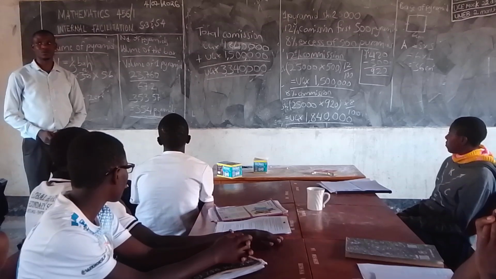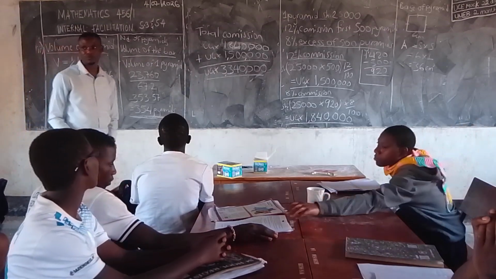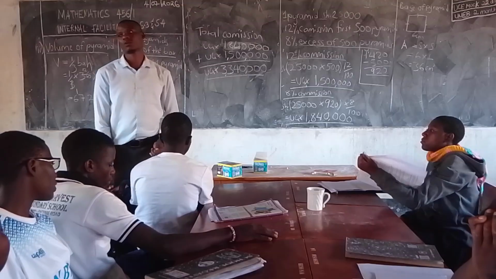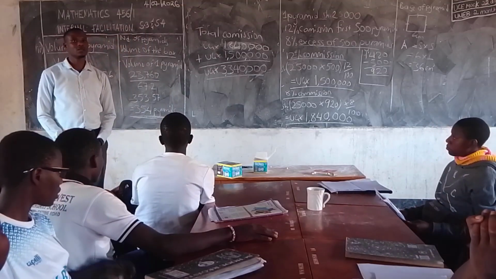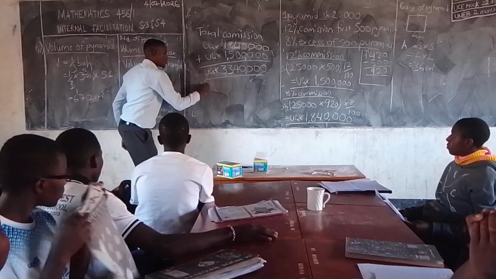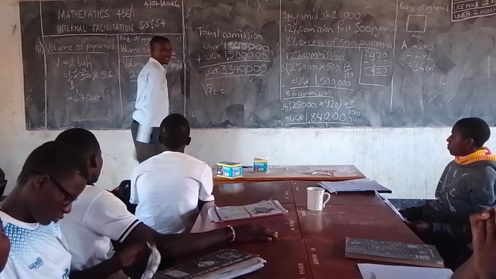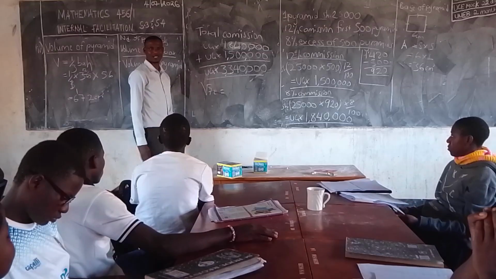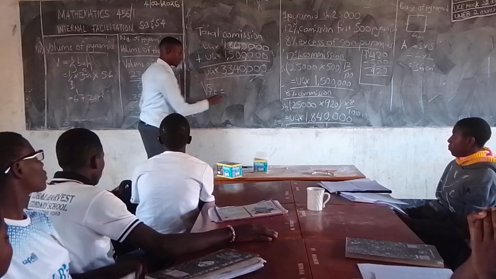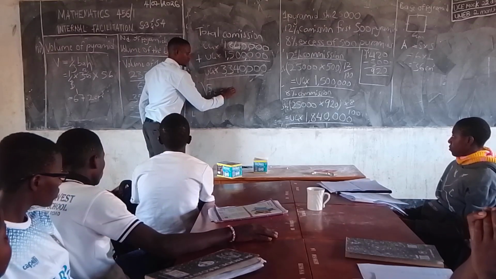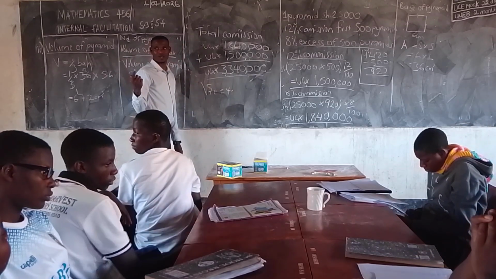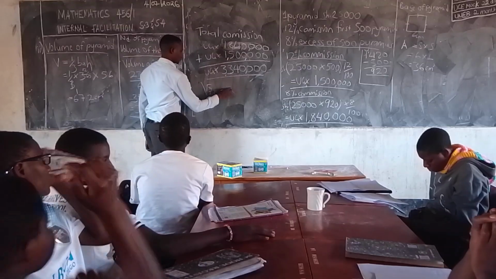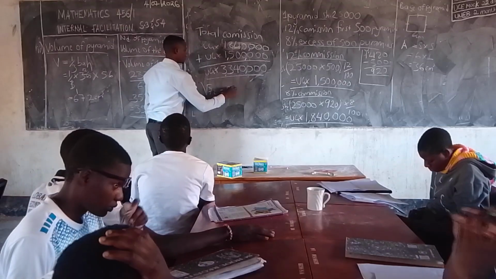Leave it at the square root. Why? Accuracy. You see, they got the square root of 72. If you press this to get the whole answer, that will be 8.49.